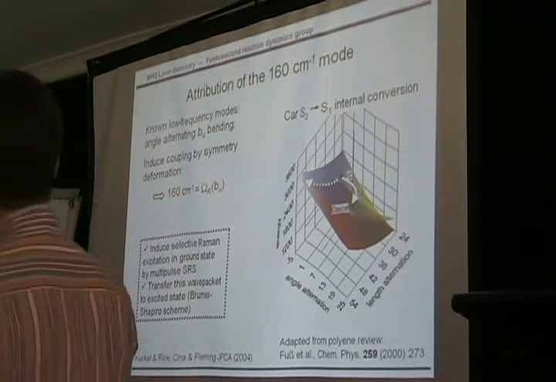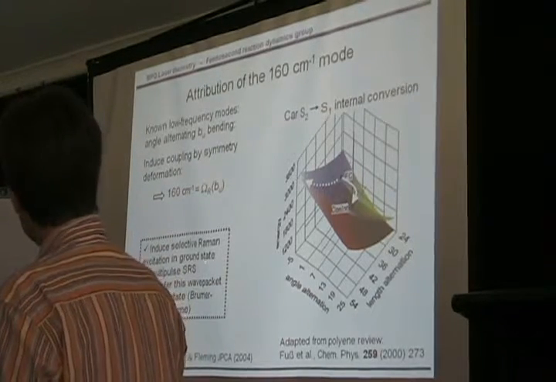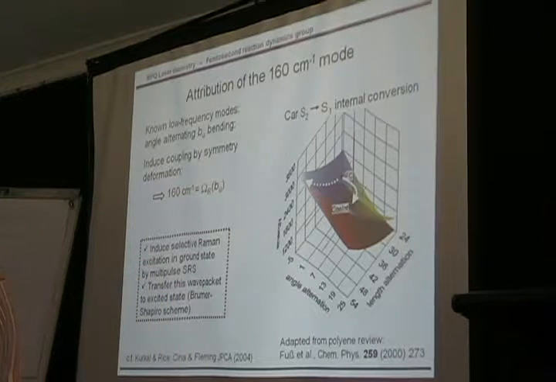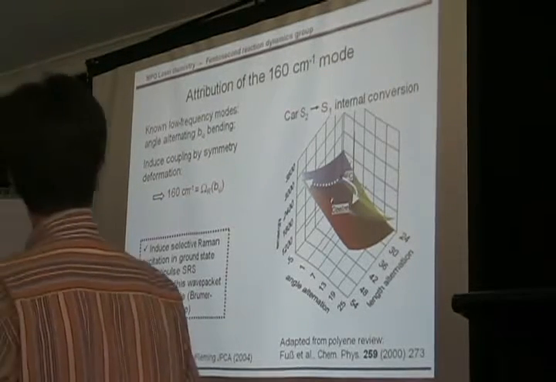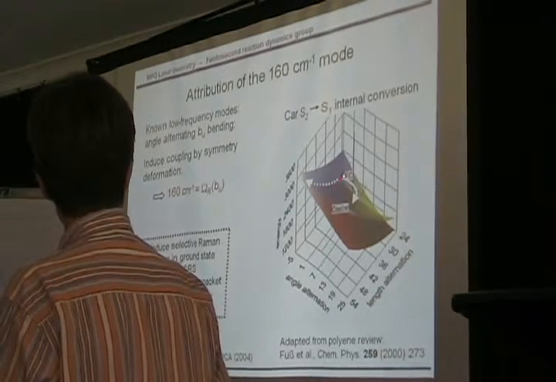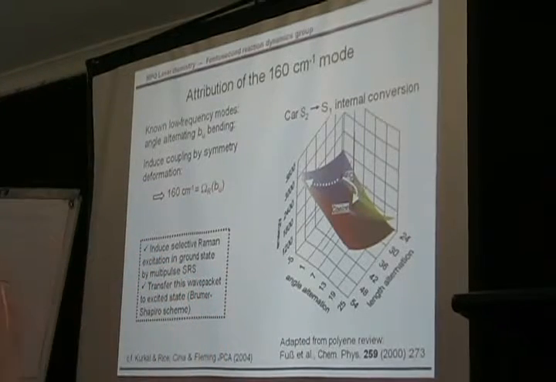So we believe what we are doing here is we make this selective Raman excitation by this multi-pulse excitation, but at the same time, and this is something that nobody can calculate, unfortunately, we transfer this wave packet to the excited state such that going from the Franck-Condon region to the conical intersection is made easier.